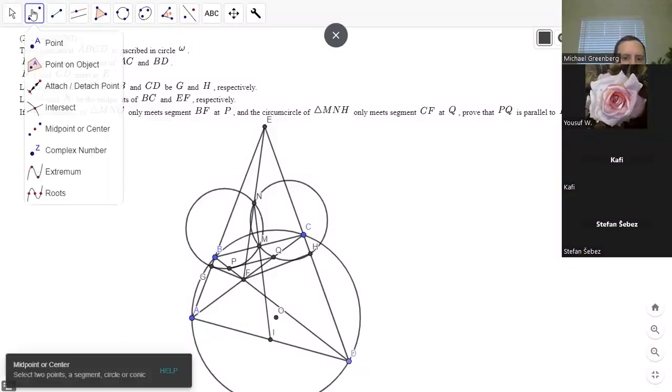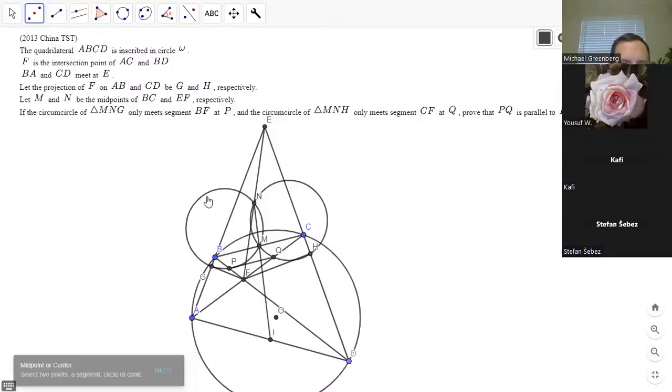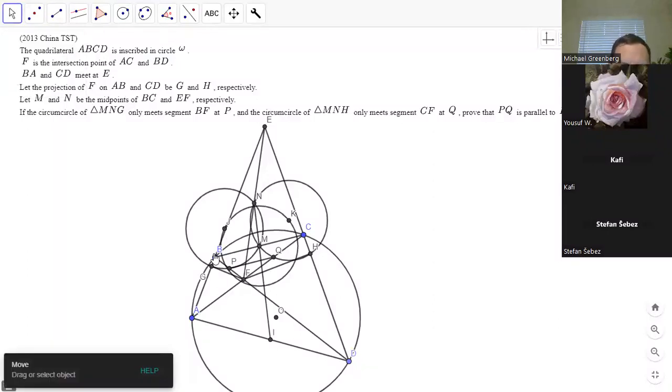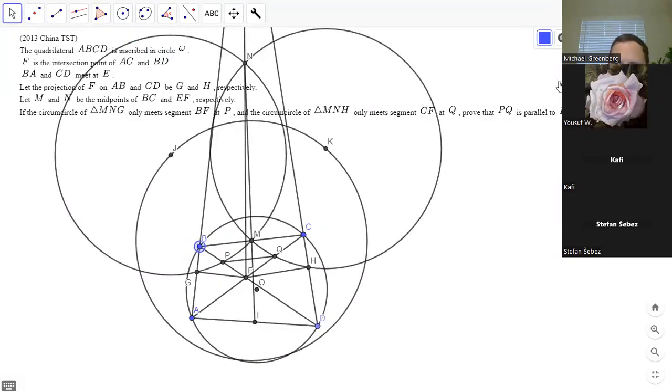Let me check that these circles are the same size. I guess I could do it this way. But I'm pretty sure it's true. Okay.